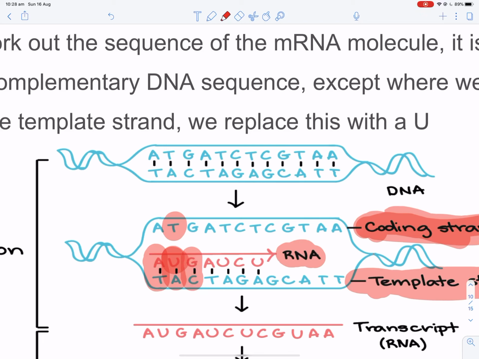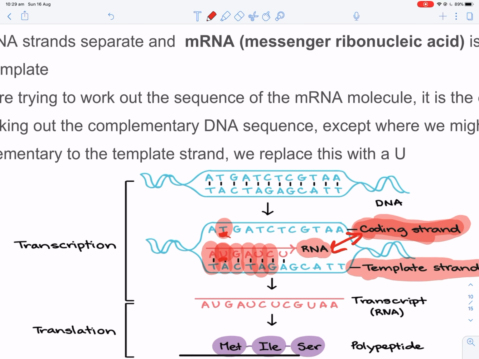If we keep on adding these complementary bases, what happens is this RNA strand is the exact same as the coding strand, except for that replacement of thymine with uracil. So this process of building this RNA molecule off a template strand is called transcription. So that's the one word I really want you to remember today: transcription. So building that mRNA strand off a template strand is called transcription.